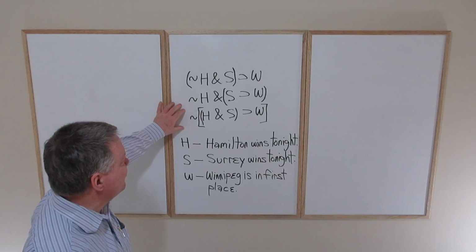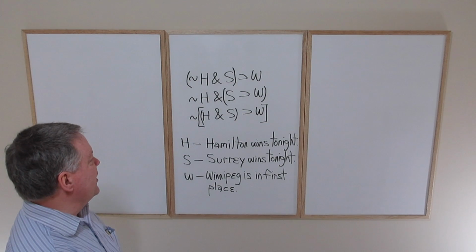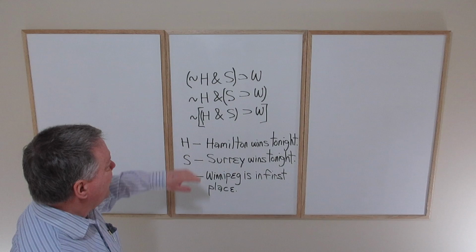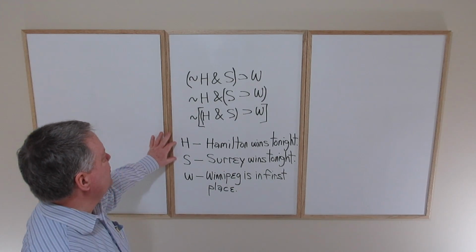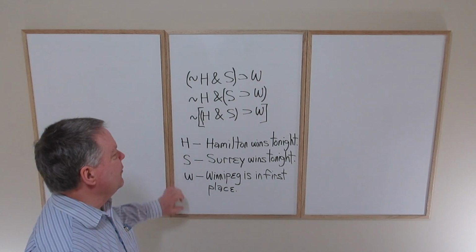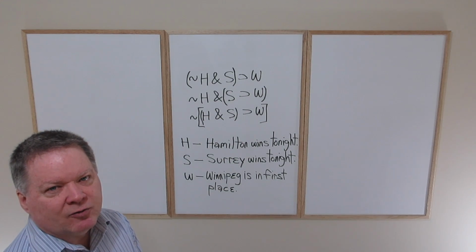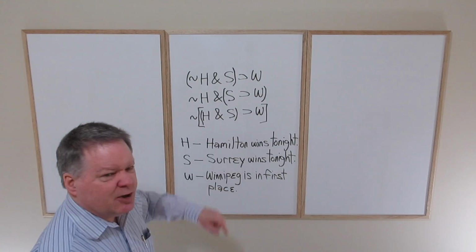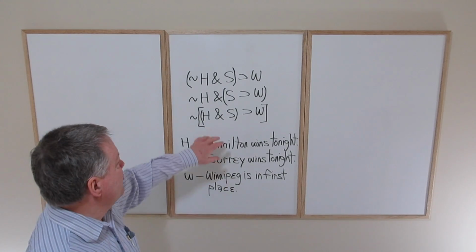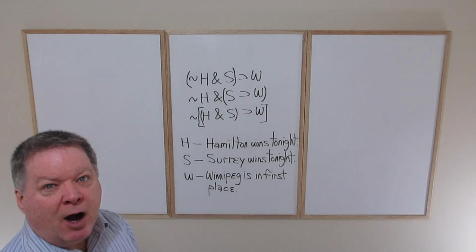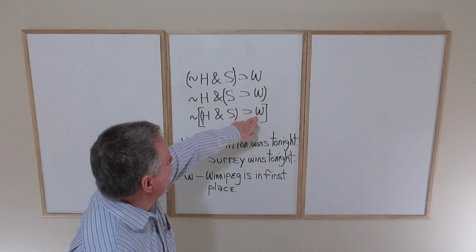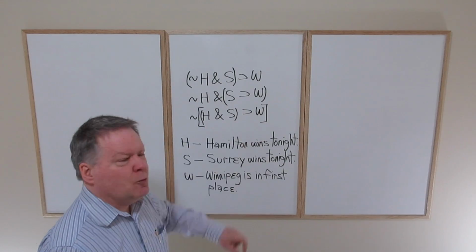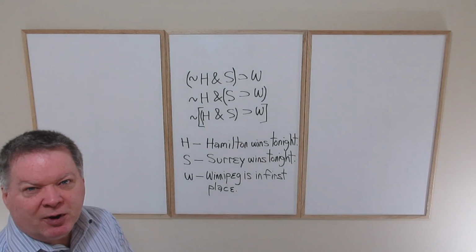So what would this symbolic string say? Well, it would say, it's not the case that if Hamilton wins and Surrey wins, then Winnipeg is in first place. Someone might make the claim, well look, if these two teams both win, because maybe they're both playing other teams that might be able to overtake Winnipeg, if these two teams both win, then Winnipeg's still in first place.